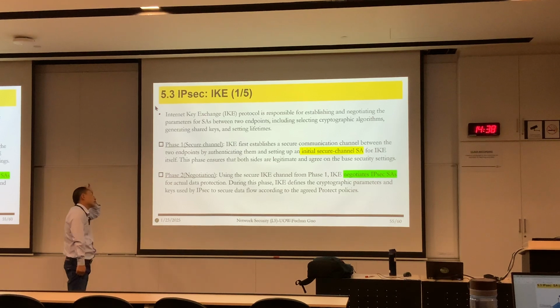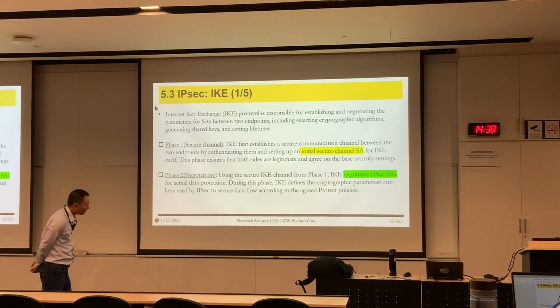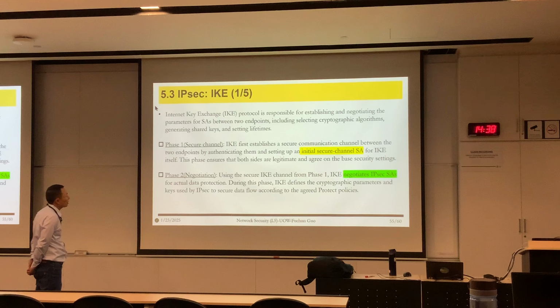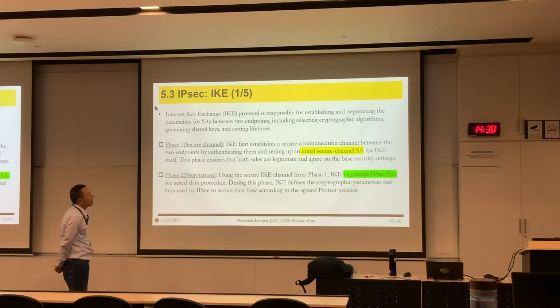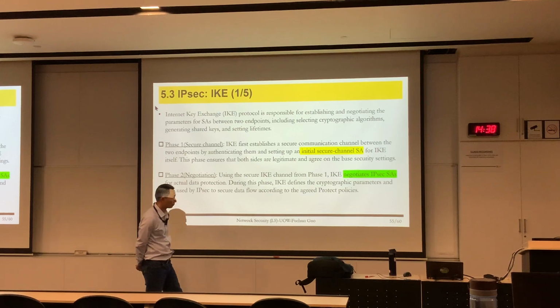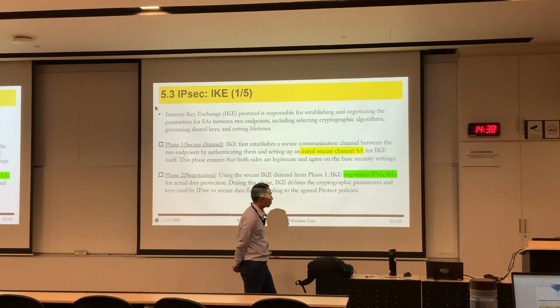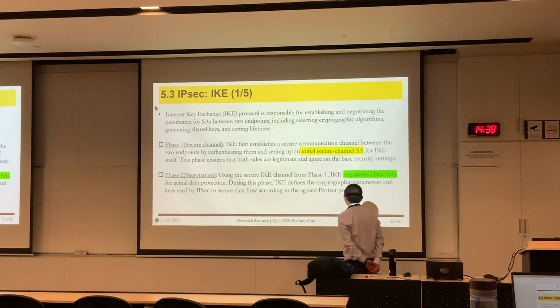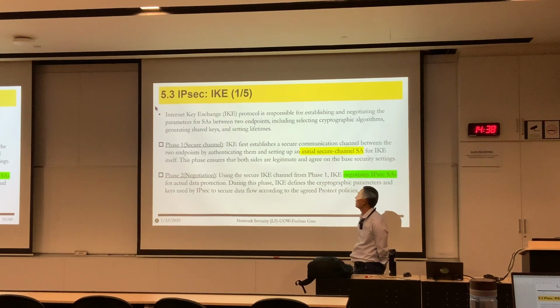That's the main purpose. And after the first phase, in the second phase of negotiation, they will negotiate the parameters for IP packet protection. With the help of this secure channel, they will negotiate the IPsec SAs for actual data protection.